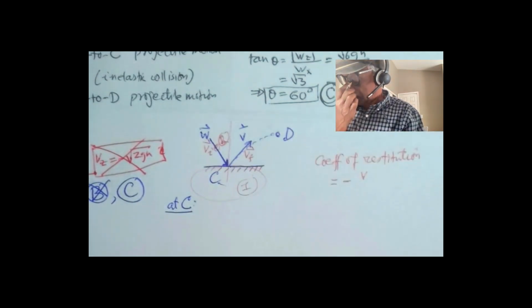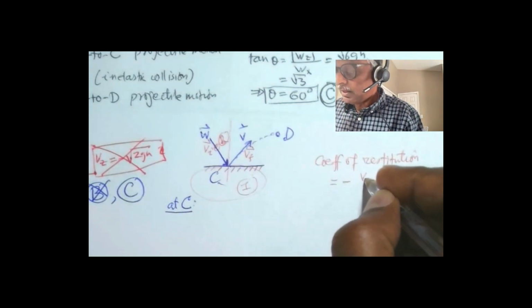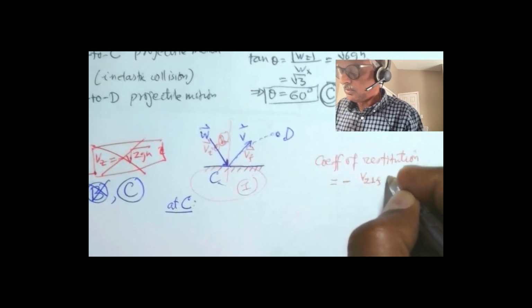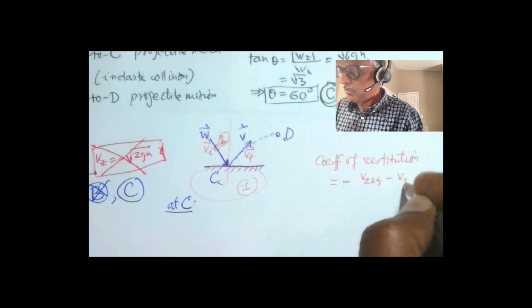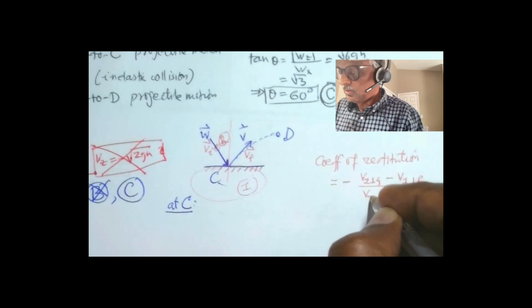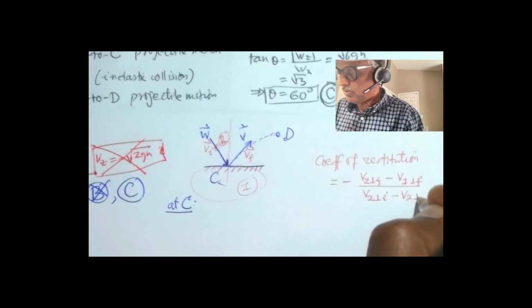So I could do V2 perpendicular final minus V1 perpendicular final over V2 perpendicular initial minus V1 perpendicular initial.